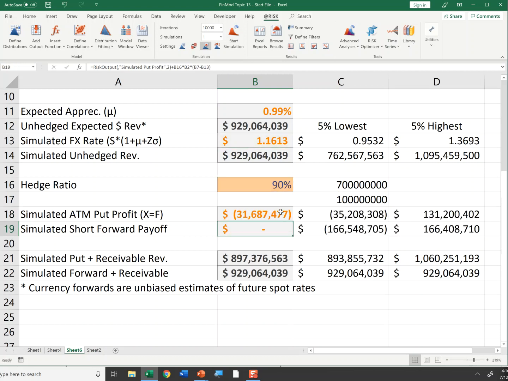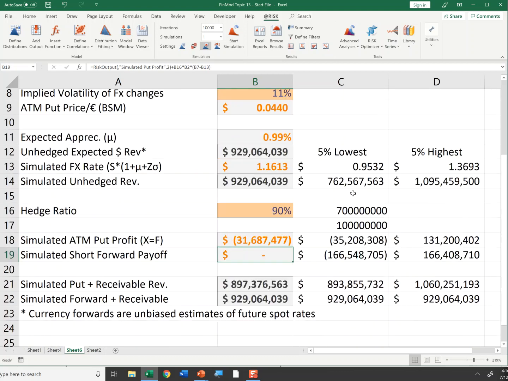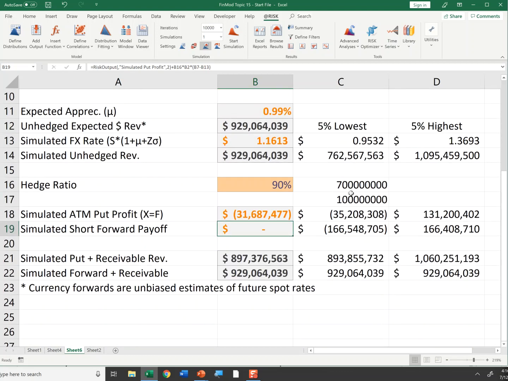And then what that would model is if Apple chose to hedge their 800 million exposure by getting a forward on 700 million and say an option on 100 million.